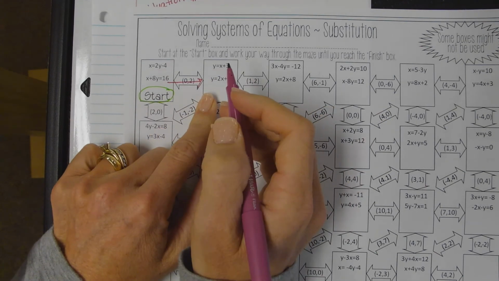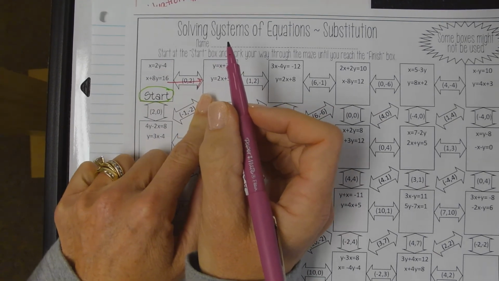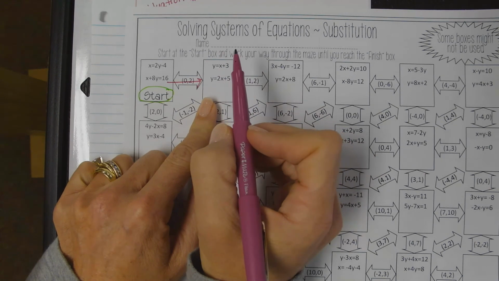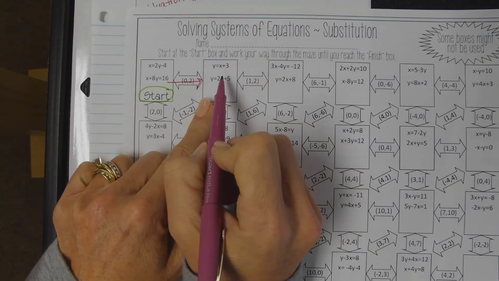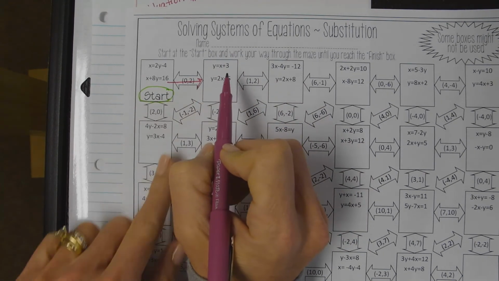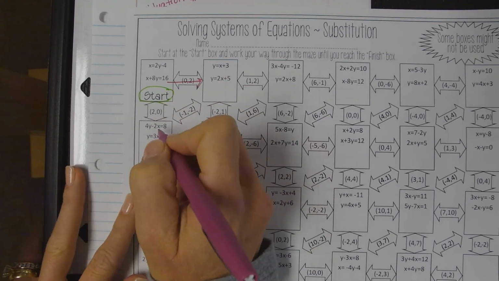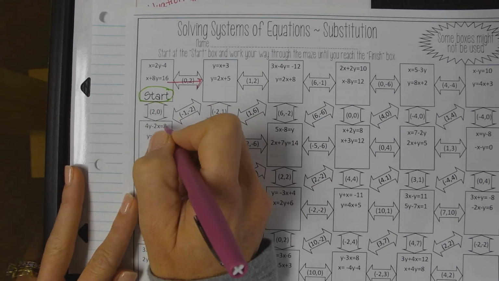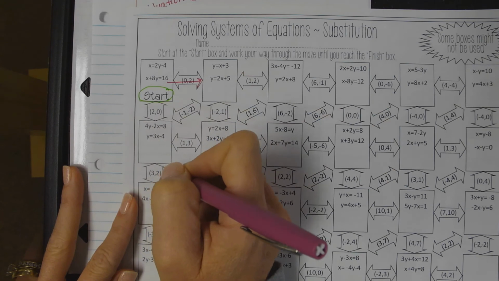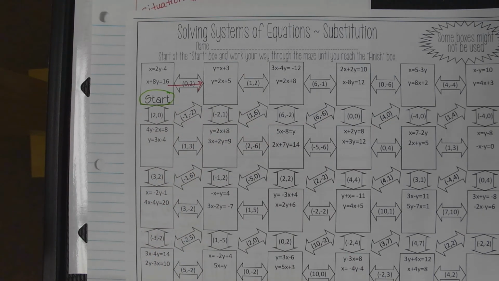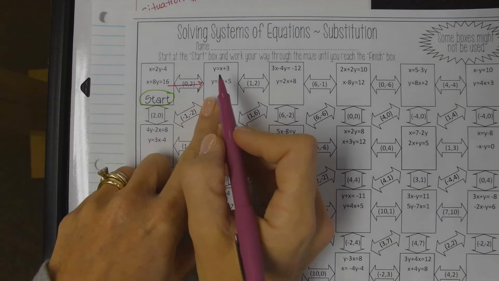Please watch me because I want to make sure you're doing the right problems. So you're going to do this problem. You're not going here. In fact, if you want, you can lightly X this one, if that helps you. You now have 10 problems left. You're going to do this problem.